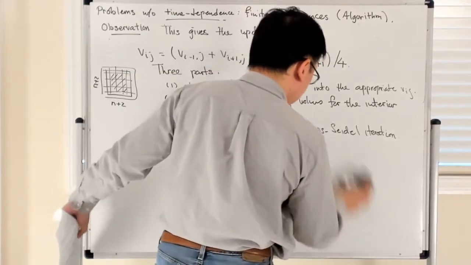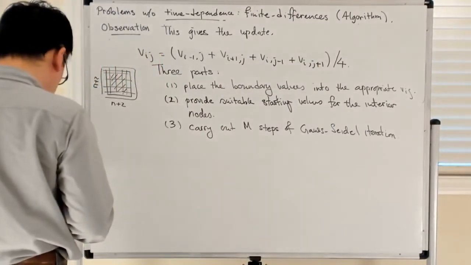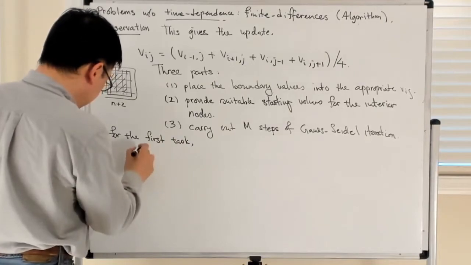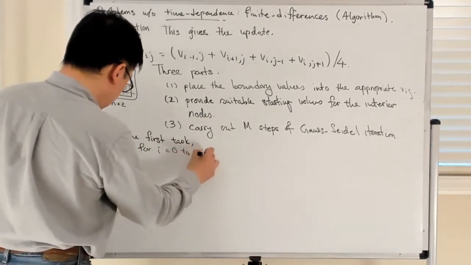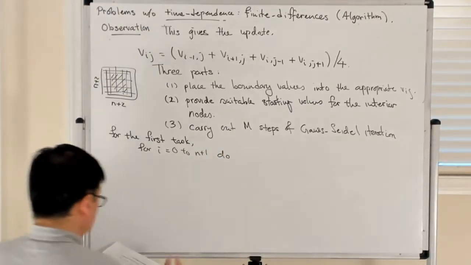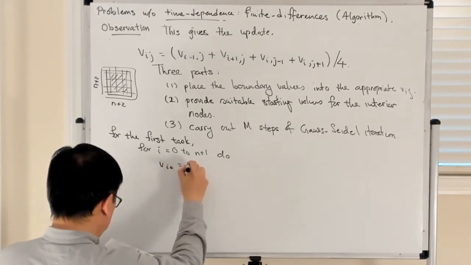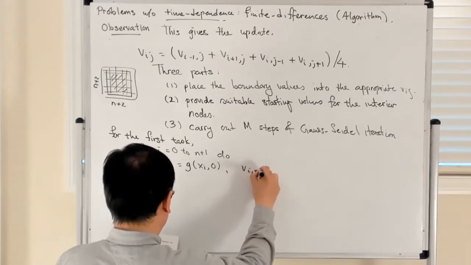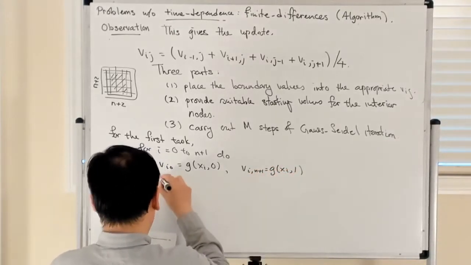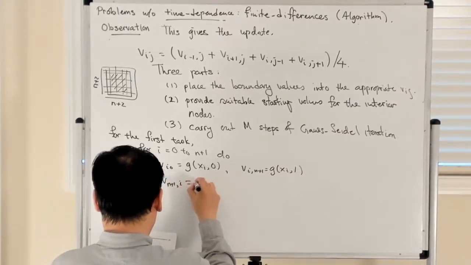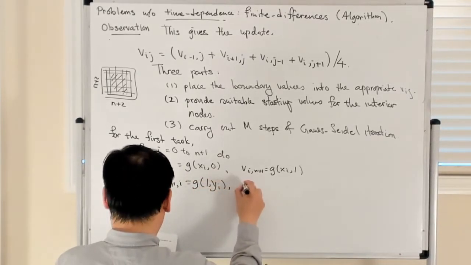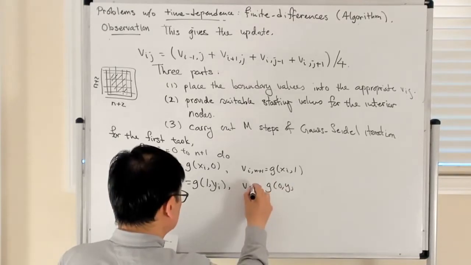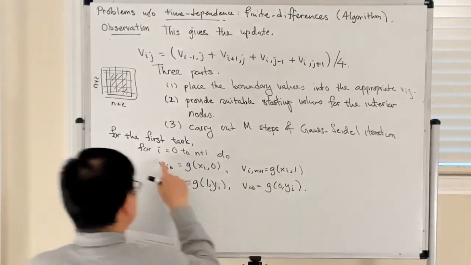I'm just going to provide some pseudocode for these parts. For the first task, you go from i equals 0 to n plus 1 and do the following: Vi0 is equal to g_x i 0, Vi n plus 1 is equal to g_x i 1, V n plus 1 i is going to be g1 y i, and V0i is going to be g0 y i.